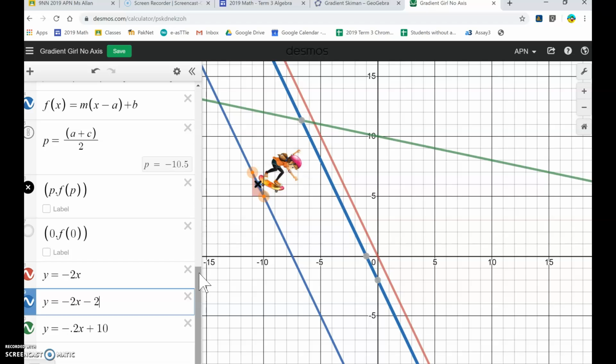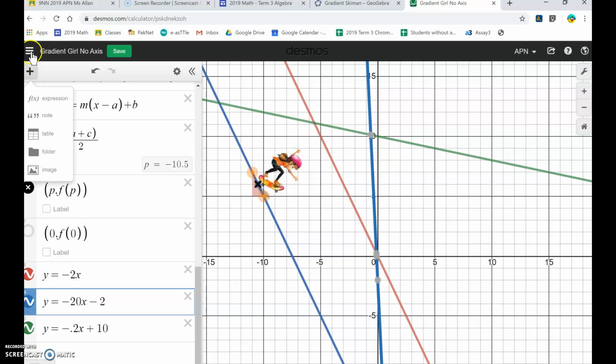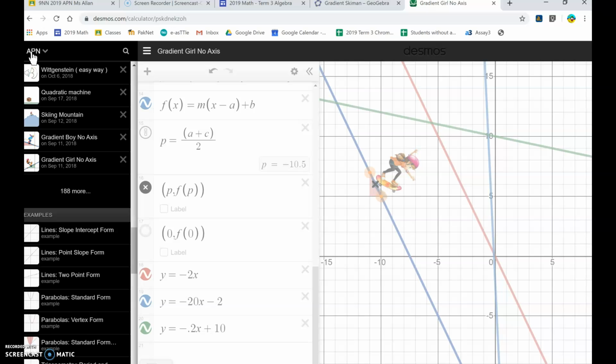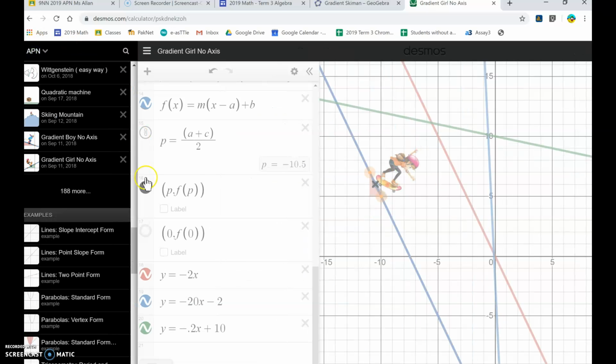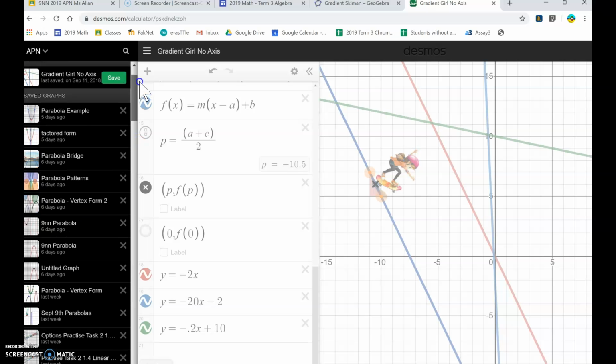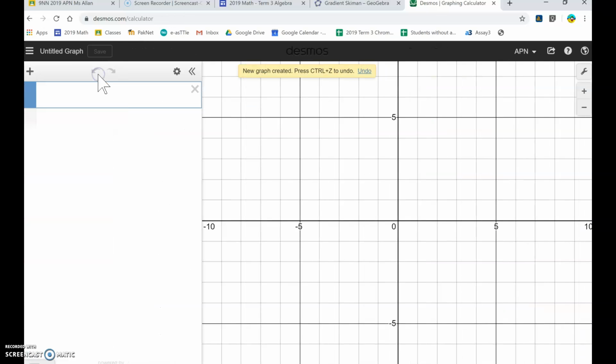I could put 20, make it really steep. So what I'd like you to do is make a new graph. I need to scroll right up, new blank graph.